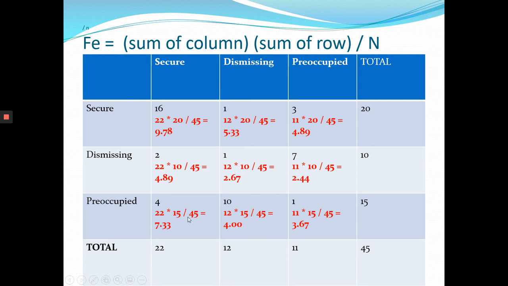So I have all the data here in terms of the columns and the rows. For partner 1 being secure and partner 2 being secure, we actually had 16 people, but what was the expected?